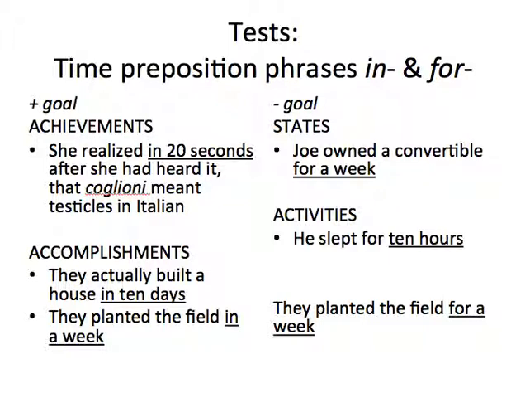Contrast that with they planted the field in a week. In a week suggests that it's complete, and that it's goal oriented. They planted the field for a week does not mean that the particular field is completely planted. It's just telling you about a particular time period. So in that sense, it's an activity. So what did you do for a certain amount of time describes an activity.